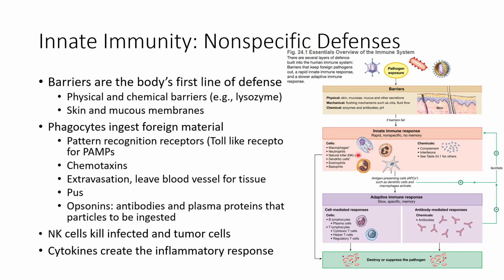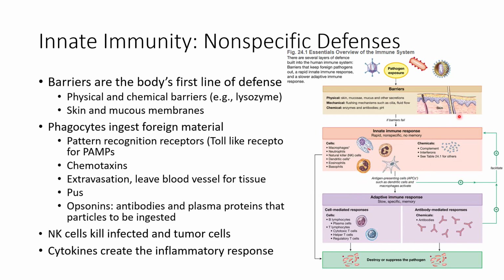They recognize the PAMPs that are found on the bacteria. These are the toll-like receptors they bind to. They can use chemotaxins to identify them, and then they bind and destroy them.